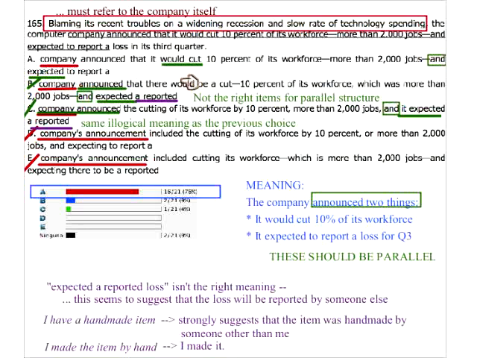So, in order to convey the true meaning of the sentence, you do need to have the company as the subject of these things. "The company announced that it would do this itself," as opposed to "there would be a cut," is not grammatically wrong. I mean, it's perfectly well written. It just doesn't mean what we want to say. It means that there would just magically be a cut by pure magic.